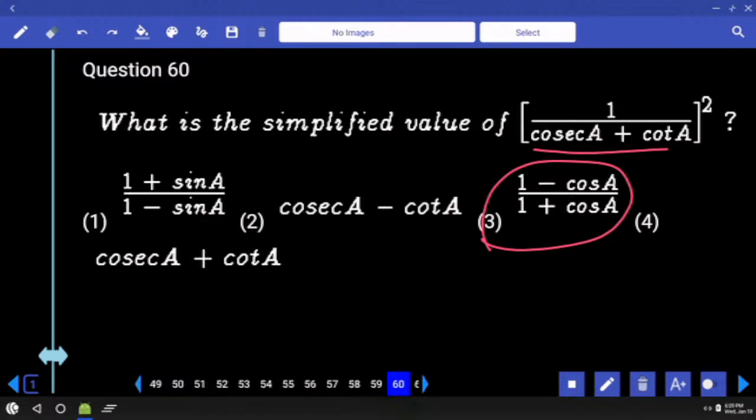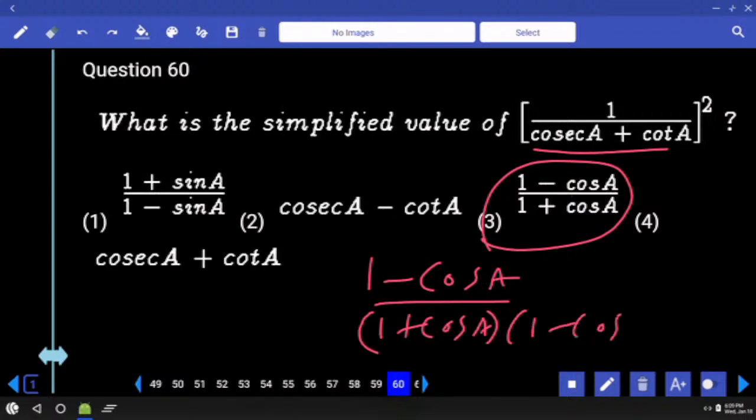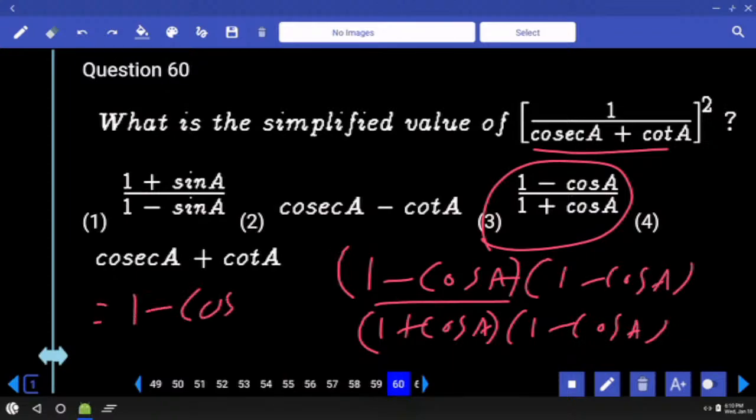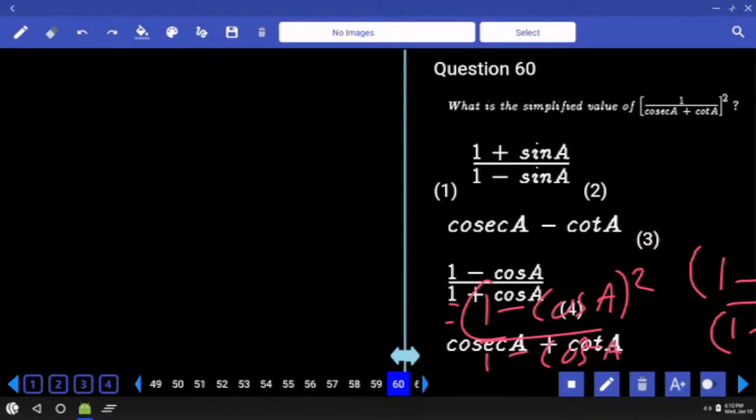1 minus cos A, if I rationalize this also, what is the rationalizing factor for denominator? 1 minus cos A. On numerator also, what is this? This is nothing but 1 minus cos A by 1 whole square by 1 minus cos square A. Yes or no? Now if you look at this, you get this as 1 minus cos square A is what?